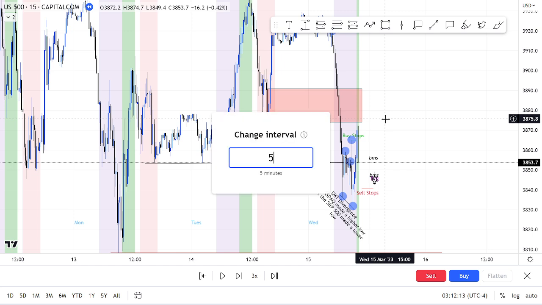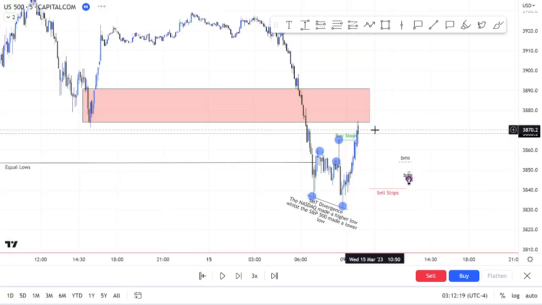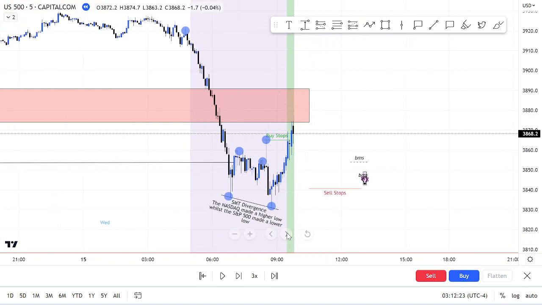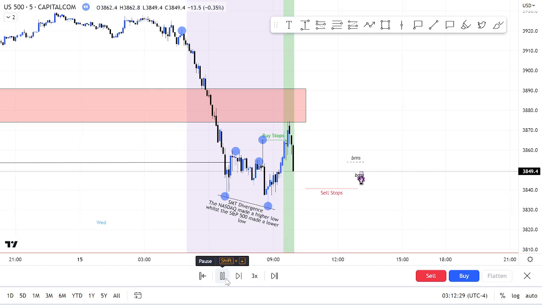I'm going to have to look into it a little bit more. A mitigation block, as he said, is almost like a breaker block, but a little bit different. I don't fully understand it yet, so I'm just going to call it a breaker block for now.